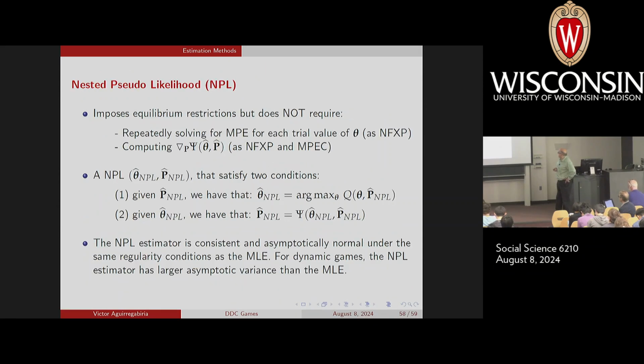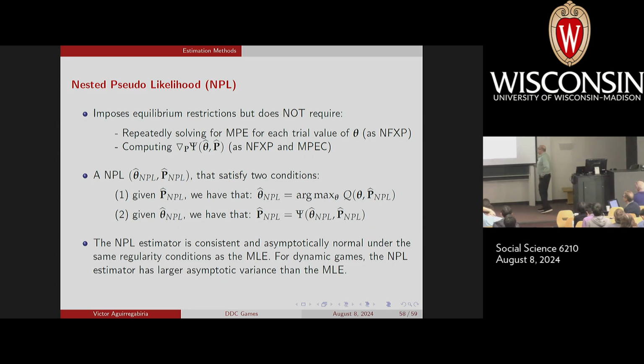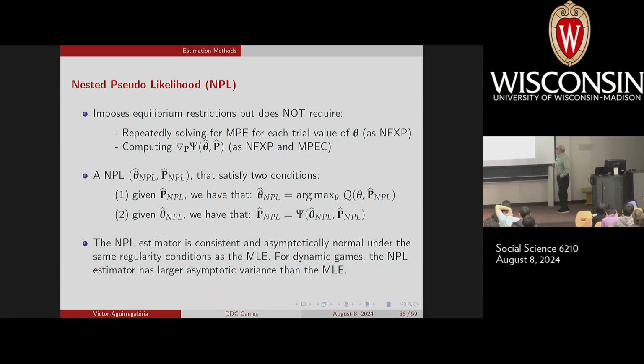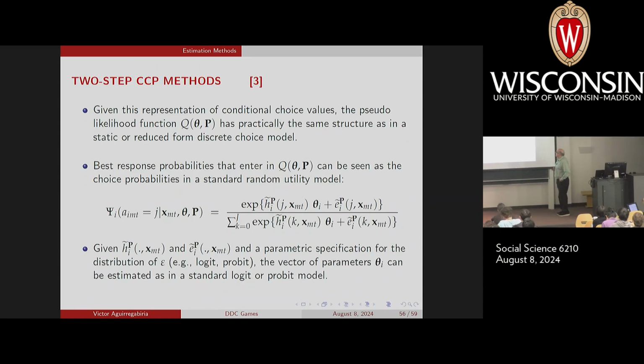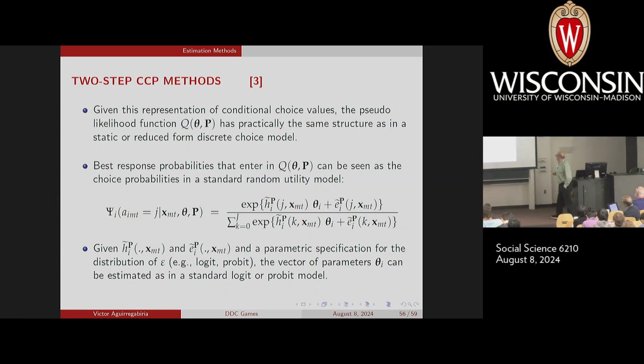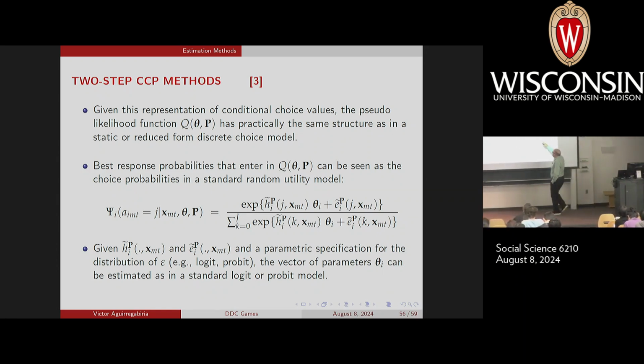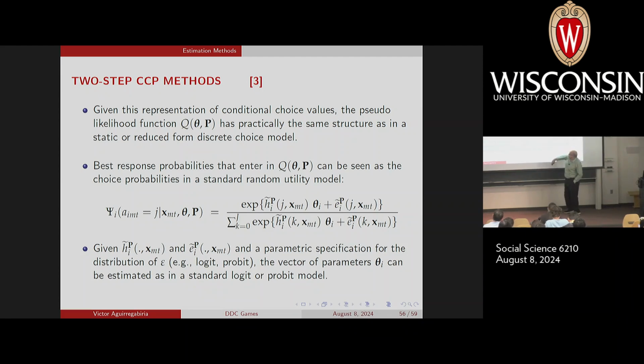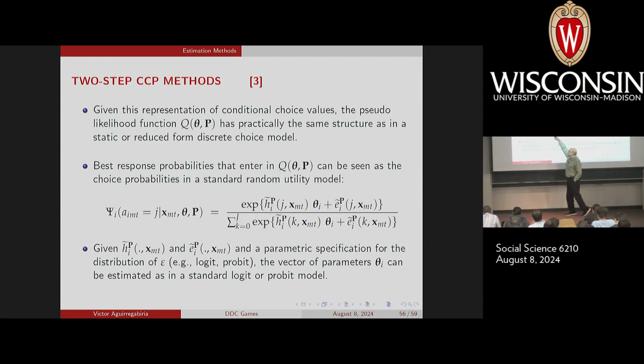Then one way to improve the finite sample properties of this estimator is by imposing recursively the equilibrium restrictions, basically by applying this algorithm recursively. Once we have obtained estimates of theta, we know that these are the best response functions.